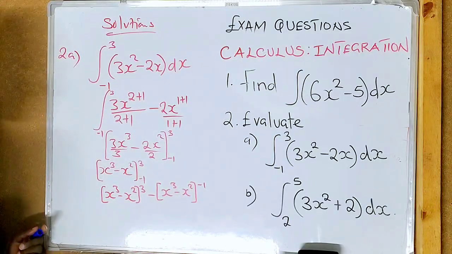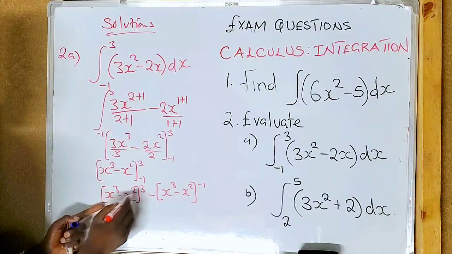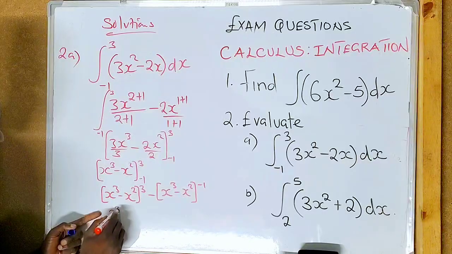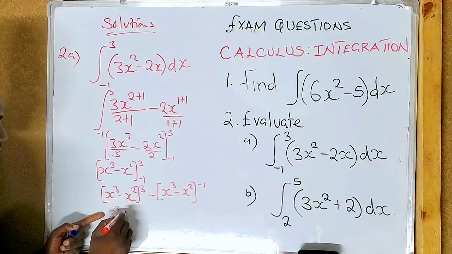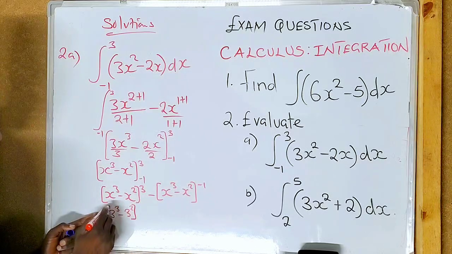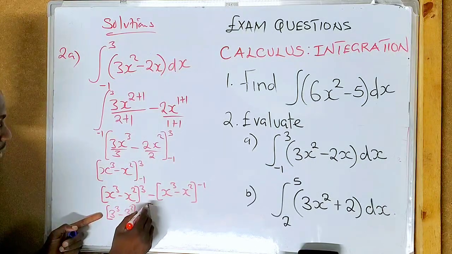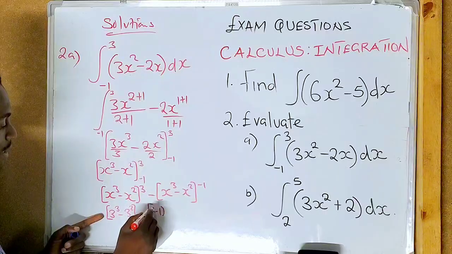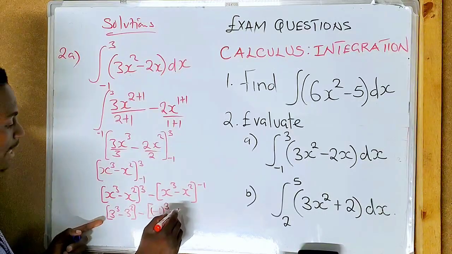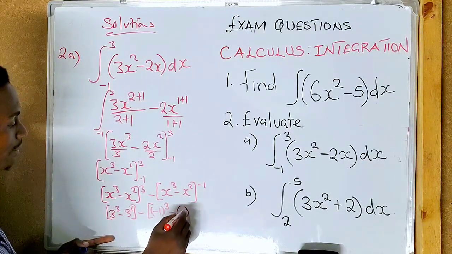Let's substitute: where there is x, we substitute 3, so it will be 3 cubed minus 3 squared, minus (-1) cubed minus (-1) squared.